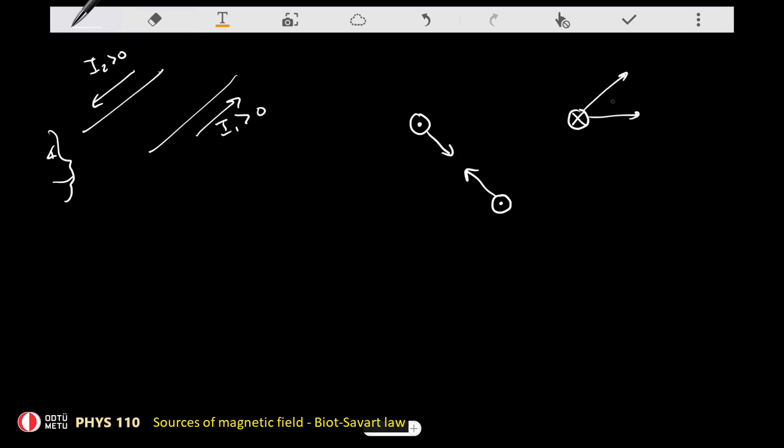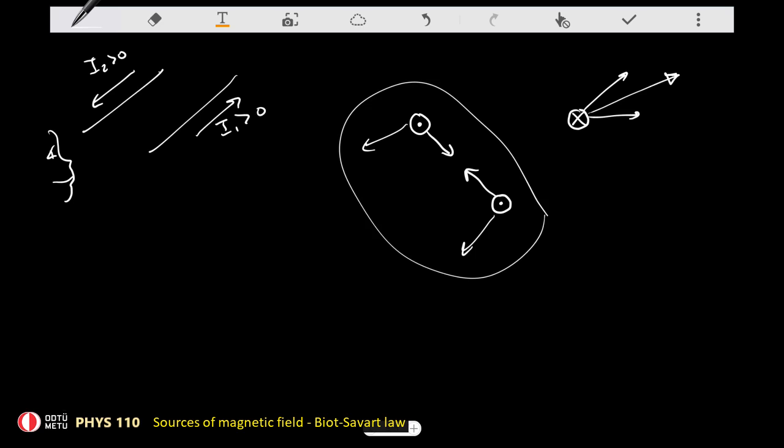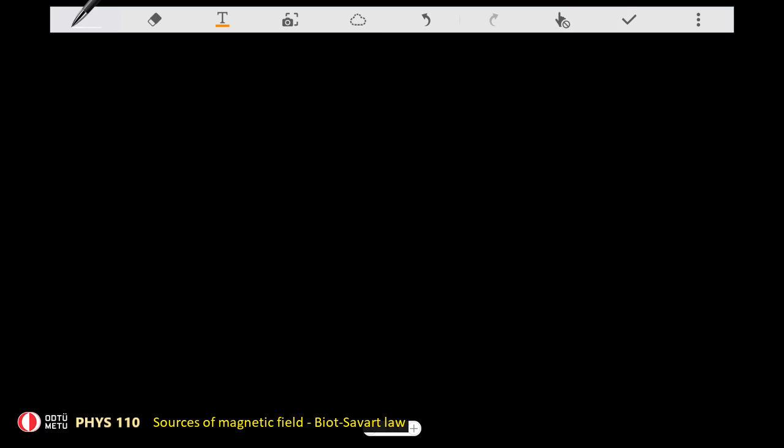So the unlike current is going to be pushed outward, and of course this is also going to push these charges in the outward direction, but they are going to attract each other. It's just an opposite situation for the current carrying wires. There's no significance in here.